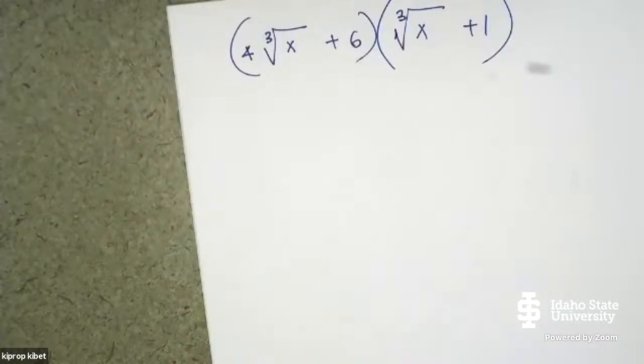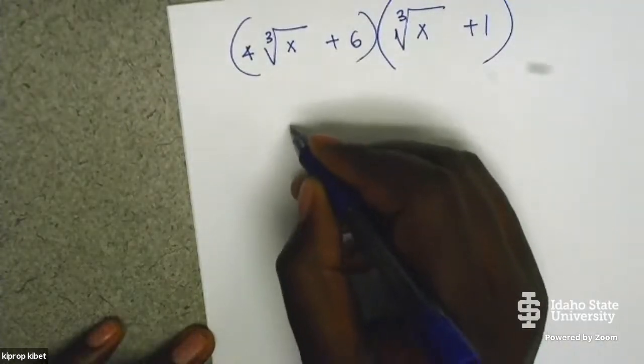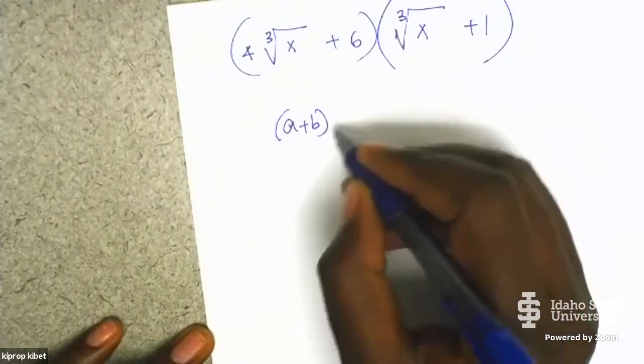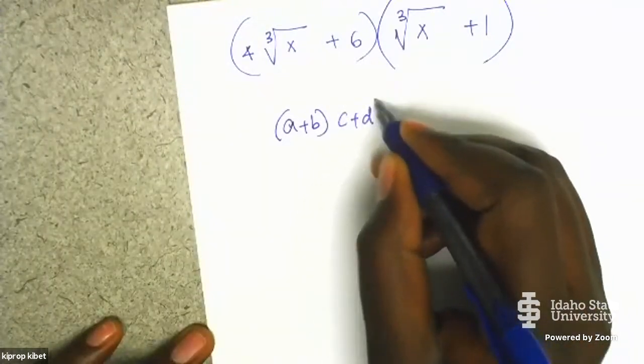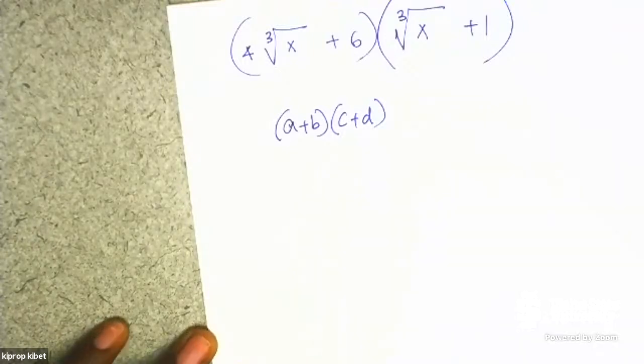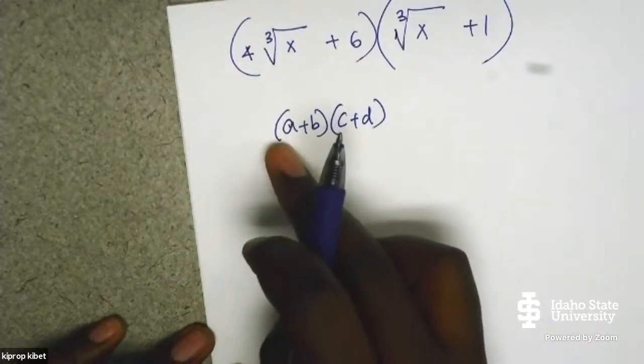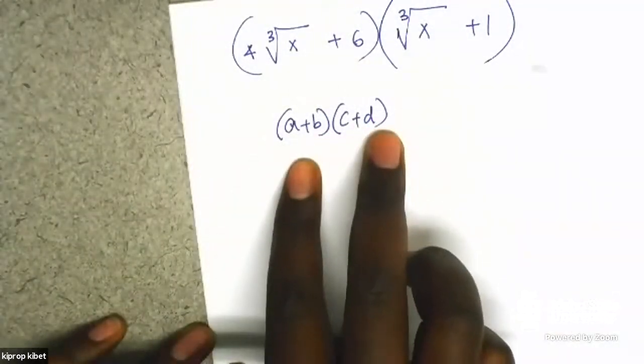This is similar to A plus B, and then maybe something like C plus D. So what do you do here when you want to expand this one?